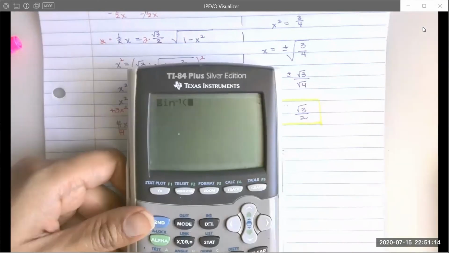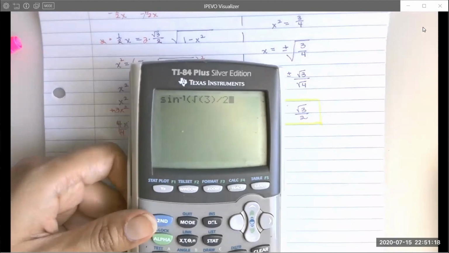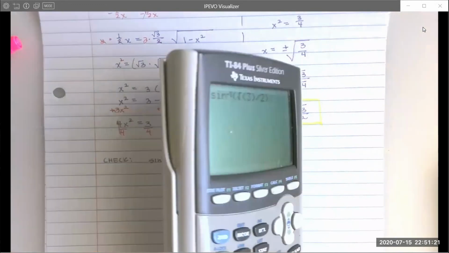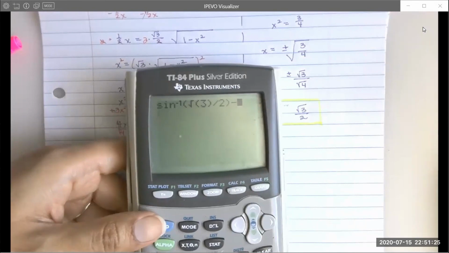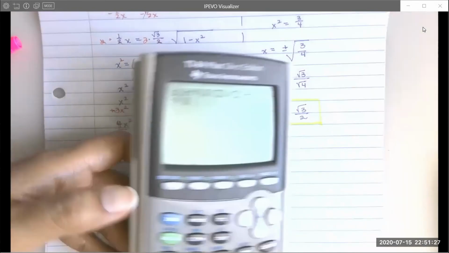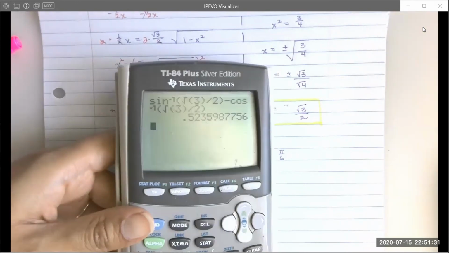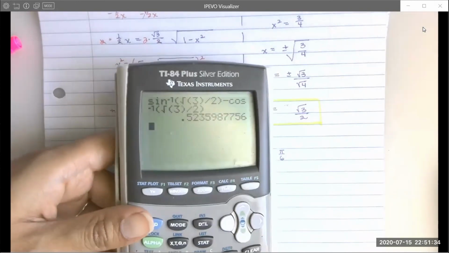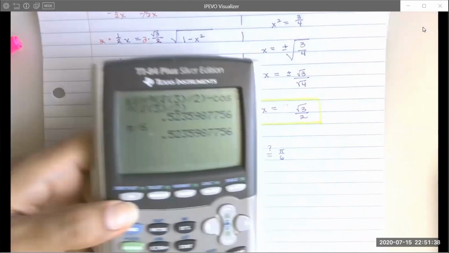Sine inverse of square root of 3 over 2 minus cosine inverse of radical 3 over 2 is 0.5235. Let's check what pi over 6 is. Same number, thankfully. Okay, cool.